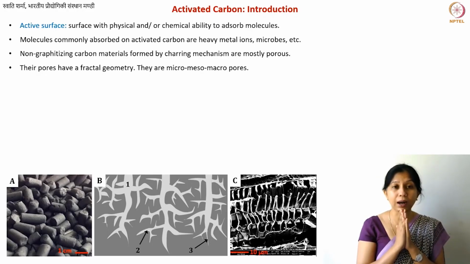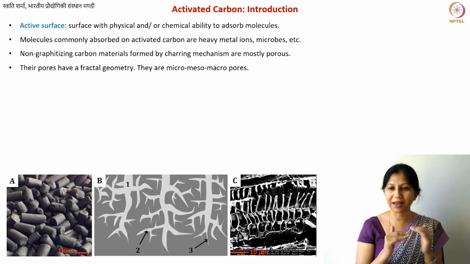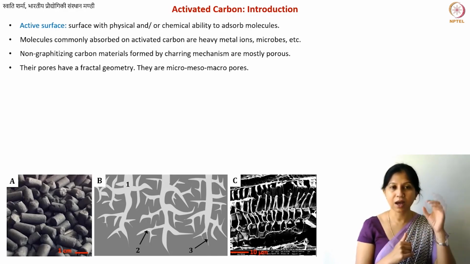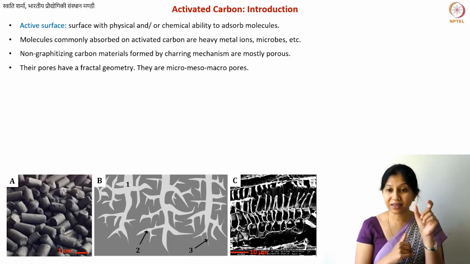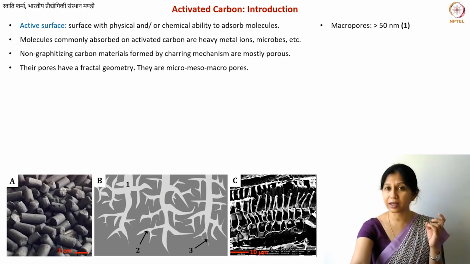Okay, now as I mentioned, the pores have fractal geometry. What does this mean? They have different pore dimensions. So they have micropores, mesopores, and macropores. So what do these pores mean? I think we earlier discussed that micropores is not microscale pores, they are nanoscale pores.